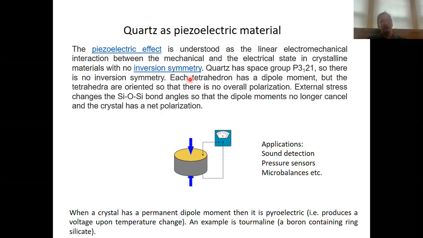Before we go to the other phases, let us briefly discuss one very interesting property of quartz. Quartz is known to be a piezoelectric material, and it finds applications as such in, for example, sound detection, as pressure sensors, or in microbalances.